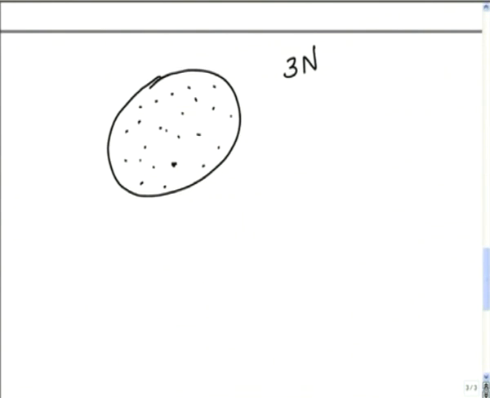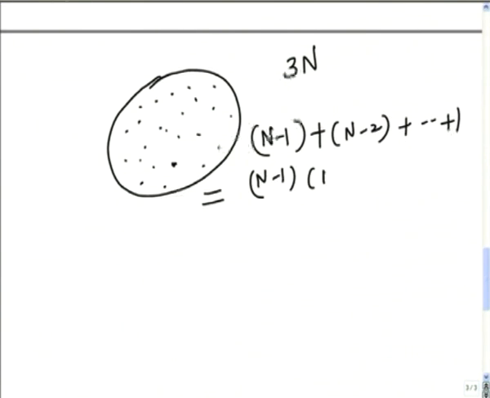Similarly, for the third particle, n minus 3 equations. Thus total available equations are n minus 1 plus n minus 2 plus and so on down to 1, and this is equal to half n into n minus 1.